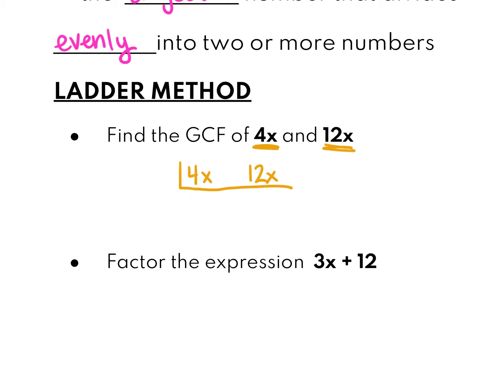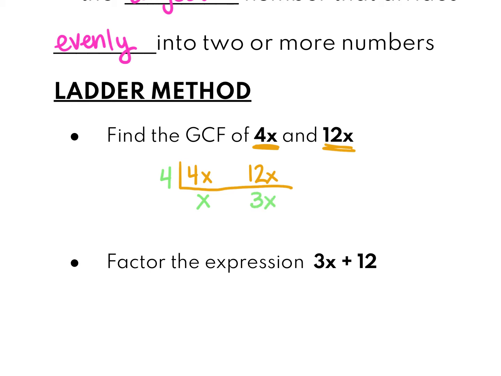Well, I know that 4, I'm going to change the color, we can divide 4 evenly. And when we do this, 4x divided by 4 is x. 12x divided by 4 is 3x. Done with the first thing.